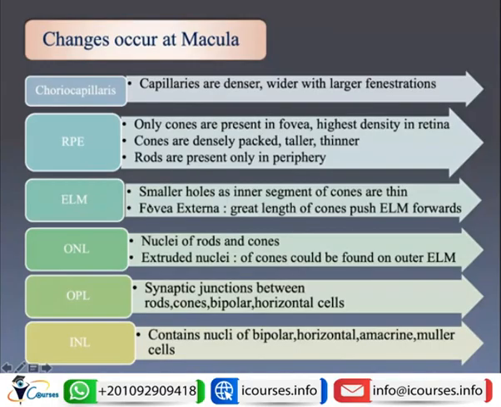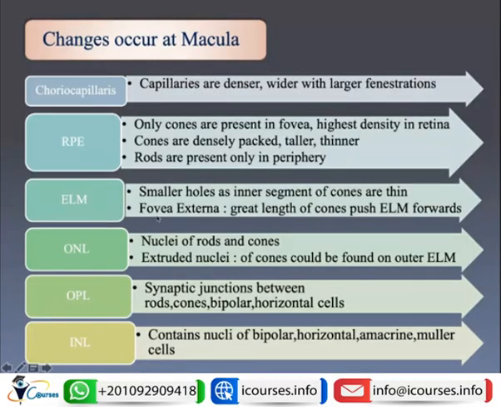The external limiting membrane has holes, as these holes will act as a passage for the inner segment of cones. And since the cones present in the macula or in the fovea are thin, these holes will be thin as well. Sometimes, due to greater density of the cones, this will lead to pushing the external limiting membrane forward, and we will see this later on.